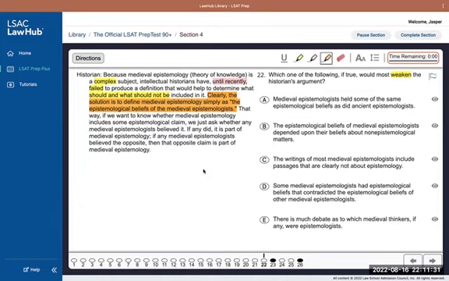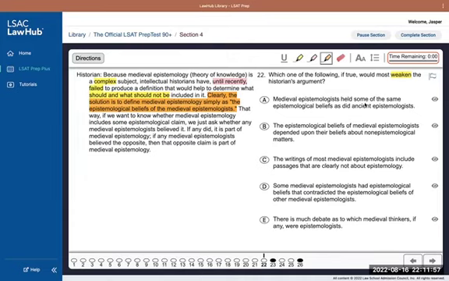This one, we really don't care about a comparison to ancient epistemologists. That doesn't form any part of the definition. And even if they had overlapping beliefs, would that really be a problem, right?